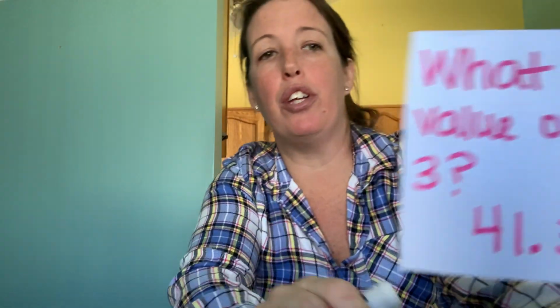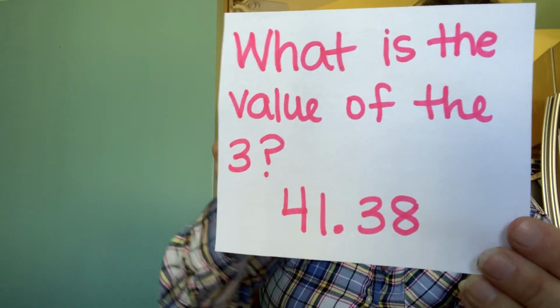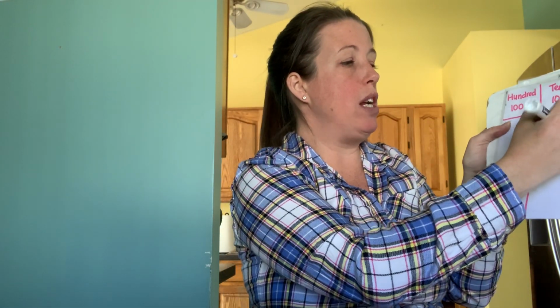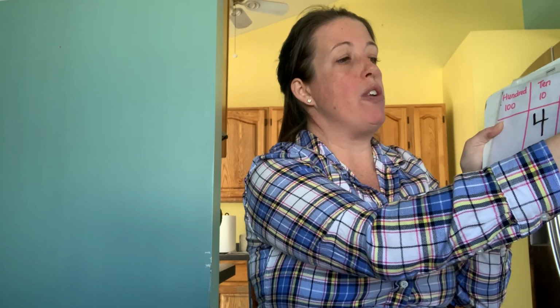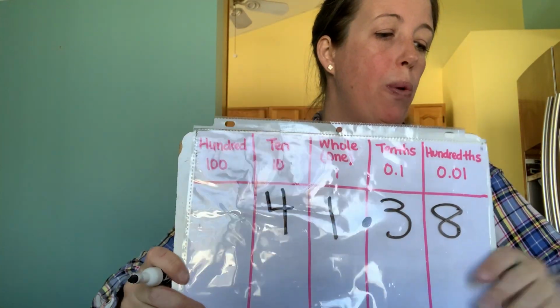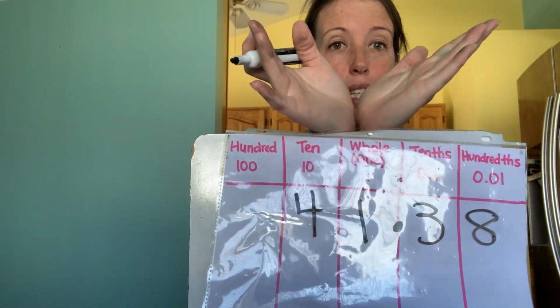Next, what is the value of the 3? So I'm going to fill this in on my place value chart. 41 and 38/100ths. And it wants to know the value, digit plus place equals value, of the 3.